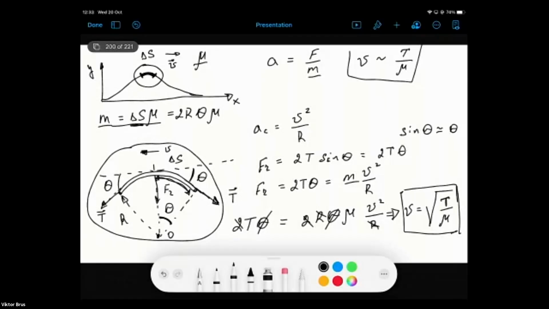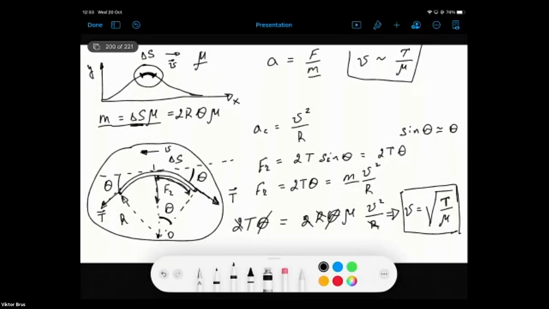Excuse me. Yes. How is it called again? Like velocity of propagation of wave or what? Along a string, yeah. It's like along the string or along the x-axis, or is it the same? It's along. Well, technically, since we assume this theta quite small, it is along the string and along axis x.